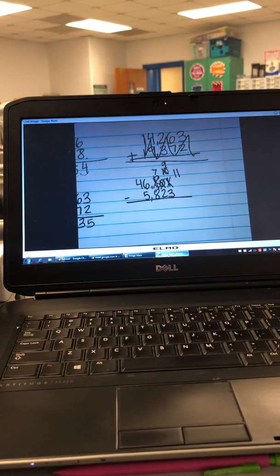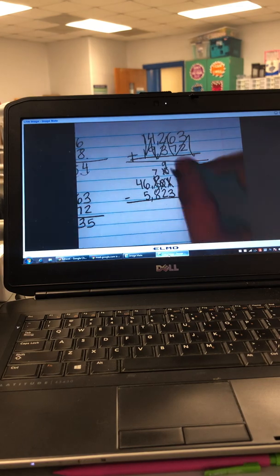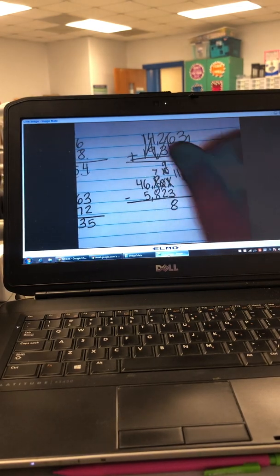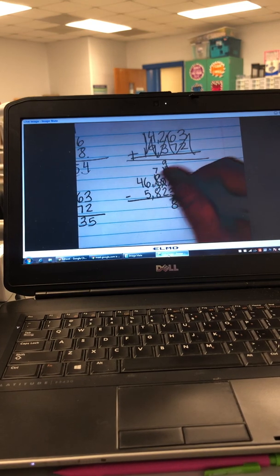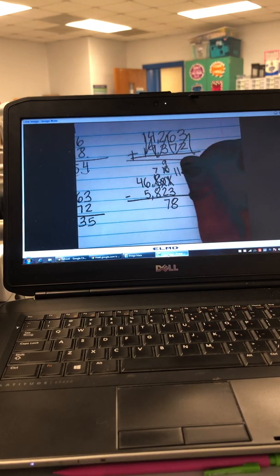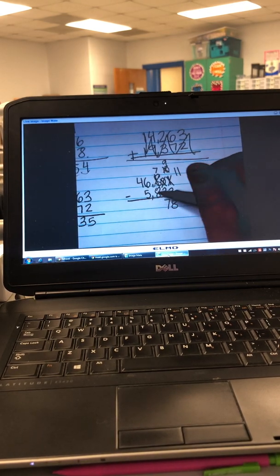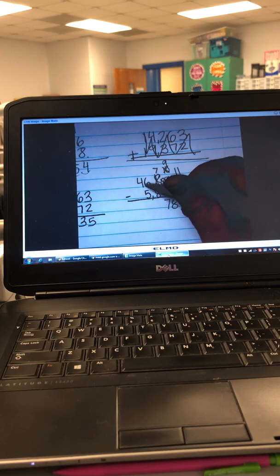11 minus 3, 8. 9 minus 2, 7. 8 minus 7. If there's more on the floor, I need to go next door.